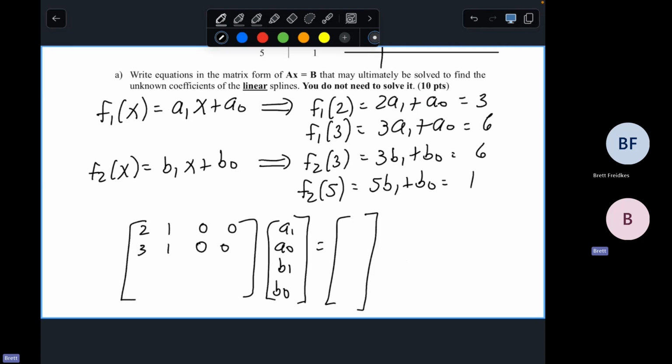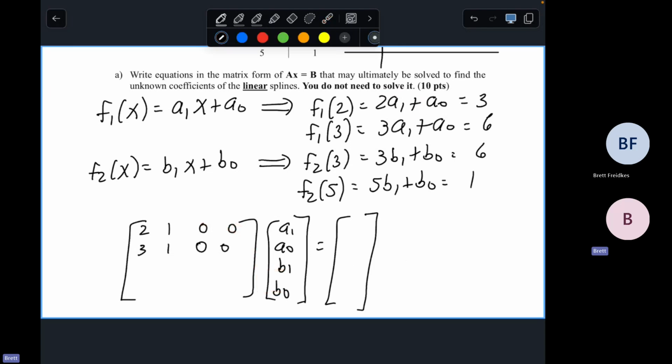Does this make sense? Okay, cool. If I look at this equation at the top, this is 2 times A1 plus 1 times A0. There are no B1s or B0s in that equation. That's why you put zeros there.